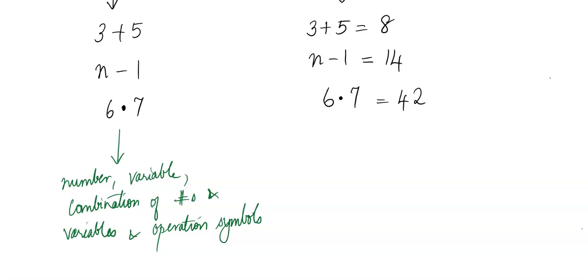When I say operation symbols, equal sign does not come under that. Okay, so that is there. However, when we say equation, as I mentioned before, a mathematical expression will be equal to another mathematical expression, and so it's connected by an equal sign there. So that is the huge difference.